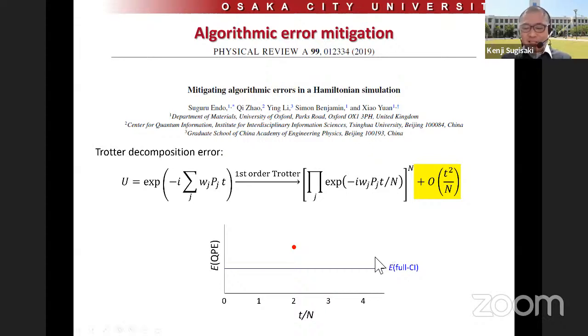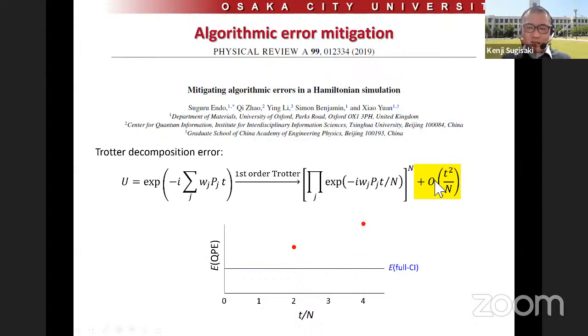So let us think about the situation of applying 2n, the n becomes half, so t over n becomes twice. Originally we obtain this energy. And if we apply quantum phase estimation with t over n equal to 4, we can obtain this energy.